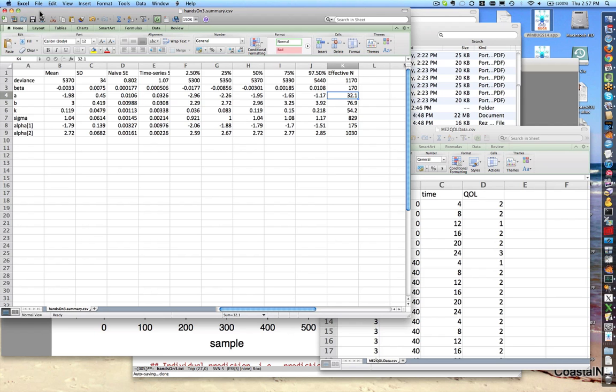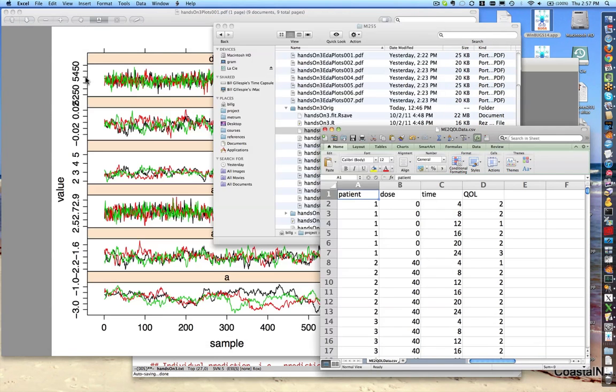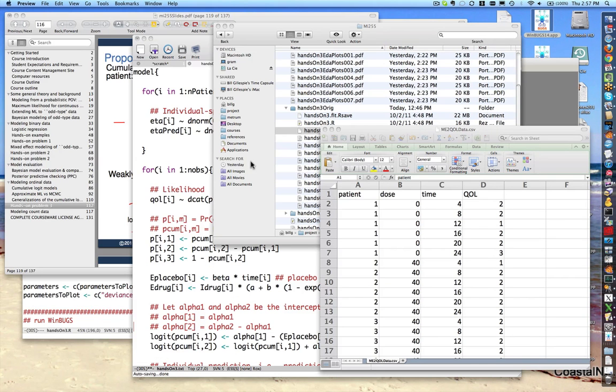And so if we take a look at that and close this, I did the 50,000 times 3. I think I thinned by what? Well, I used 10,000 for burn-in and then kept only every 25th of the remainder.